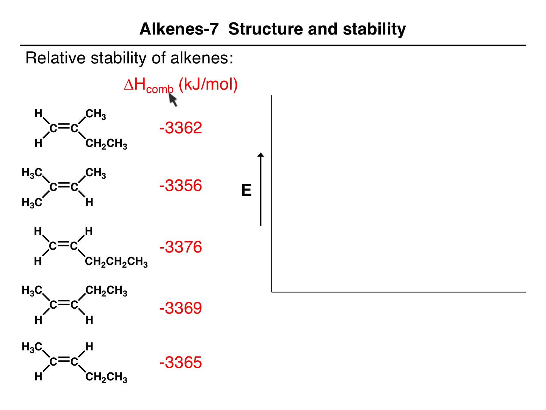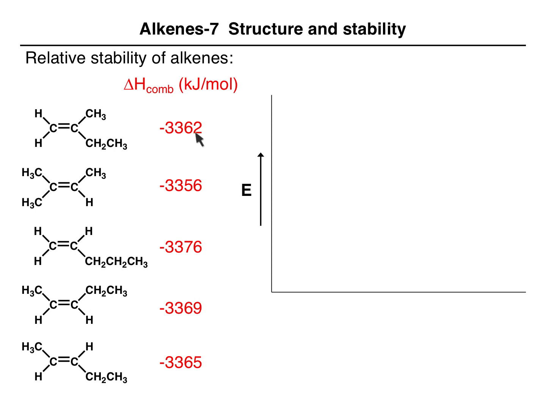We can use the heat of combustion to compare all of these isomers. These all have the molecular formula C5H10, but most of them have different connectivity, and then these have the same connectivity but different arrangement in space, so these are diastereomers. Several are constitutional isomers, and then these are stereoisomers.